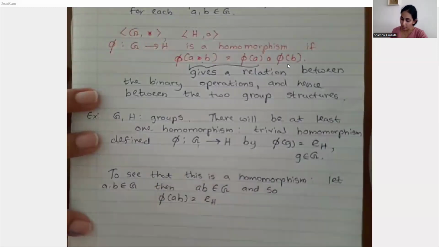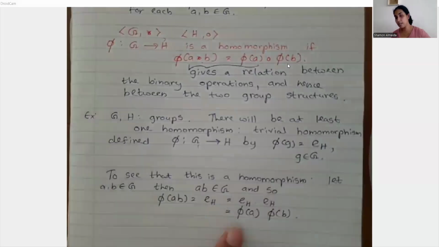We want to show that phi of AB is equal to phi of A, phi of B. Now, the identity I can write as the identity EH times EH. The first EH I will replace by phi of A, and the second I will replace by phi of B. So the condition holds for any A and B that you take from G. Therefore, by definition, this is a homomorphism.